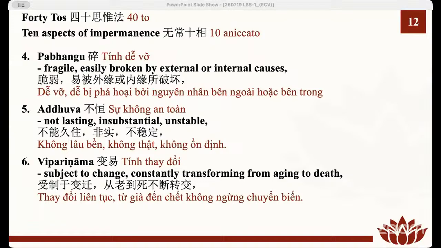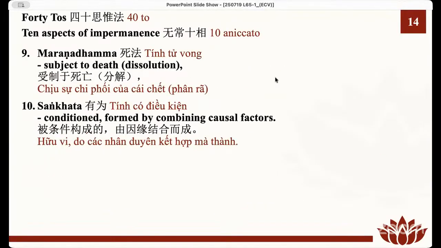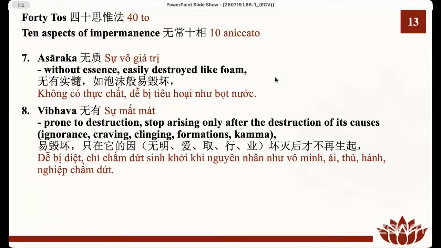Then we have the next one, seven, asaraka. Without essence, easily destroyed like form. So here I will say another way. There's no essence, we should talk about the simile here. We talk about form, no essence, it will smash easily. Not only that, we have another simile, like softwood.